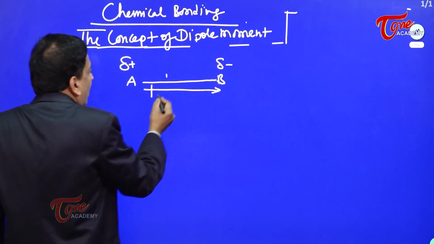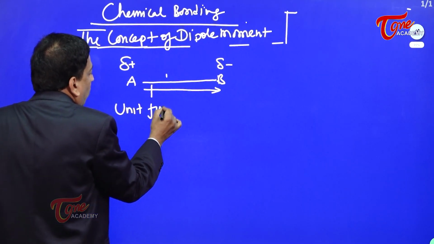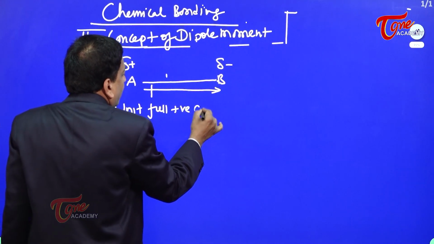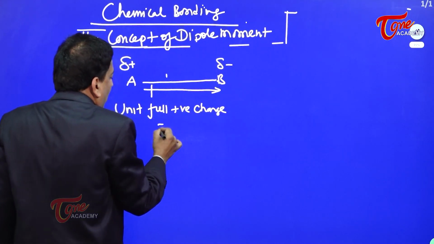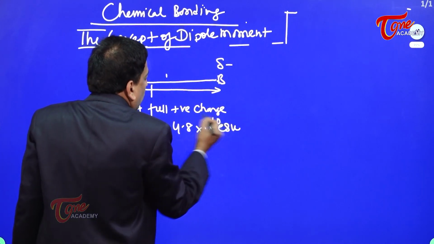And remember, the unit full positive charge is basically 4.8 into 10 power minus 10 ESUs.